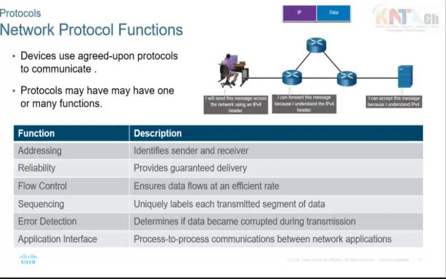Now, in addressing, it identifies the sender or receiver. So just like we saw on an envelope, there's a source and destination address. So in computer networks, the protocol should function by providing rules for source and destination communication, so the sender and then the receiver. It should also have a rule on reliability.